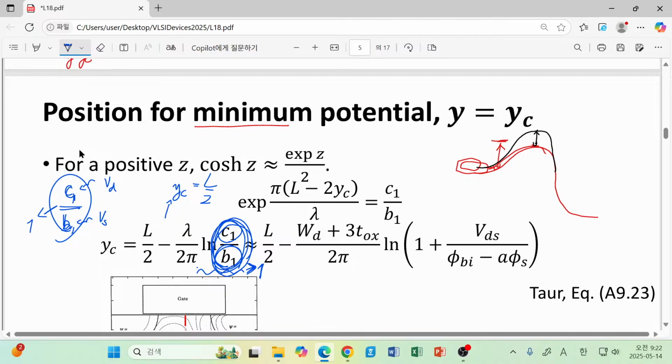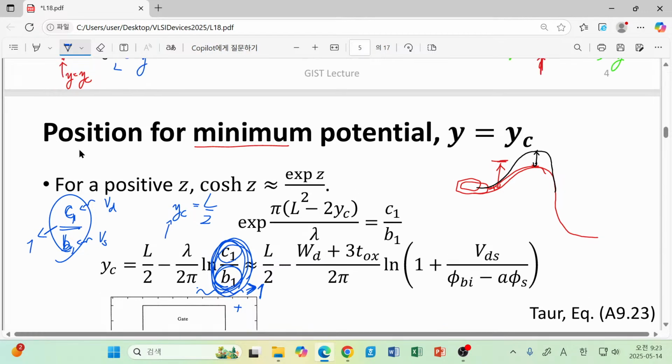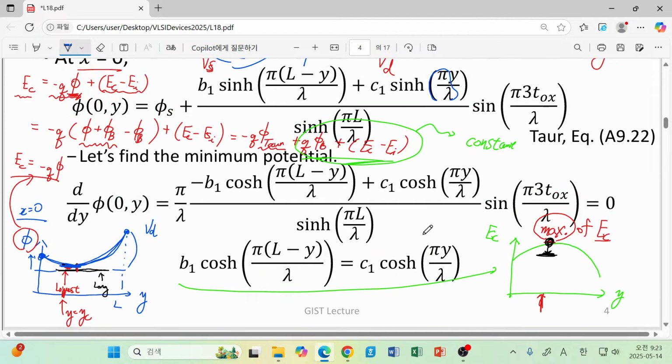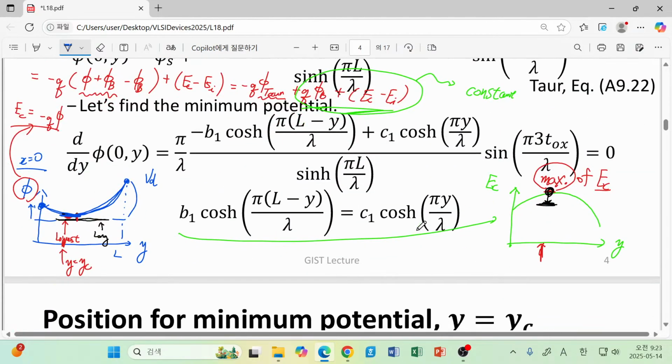So this logarithm will give us a certain positive number. So simply speaking, now this YC position, starting from the middle of the channel, approaches the source side. So it is easily understood even in these graphs.